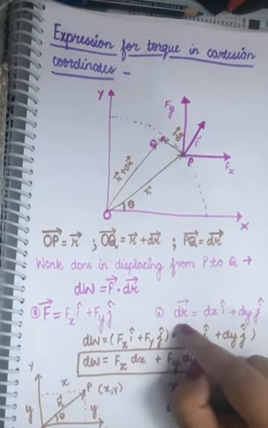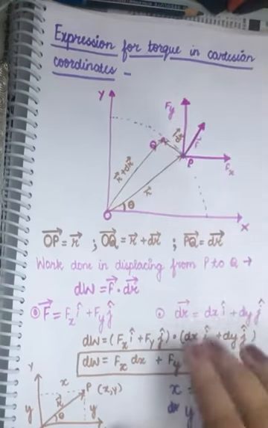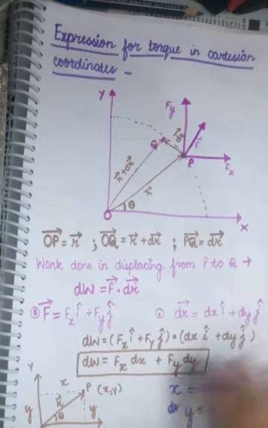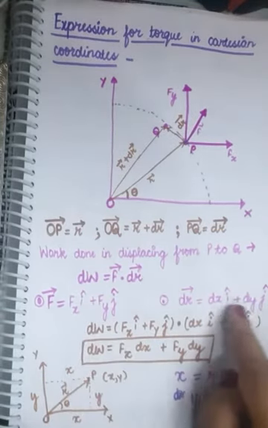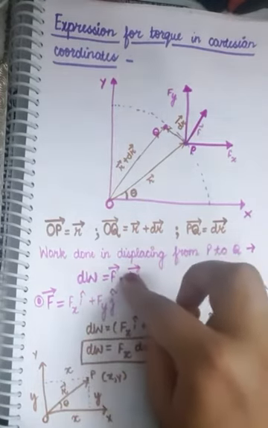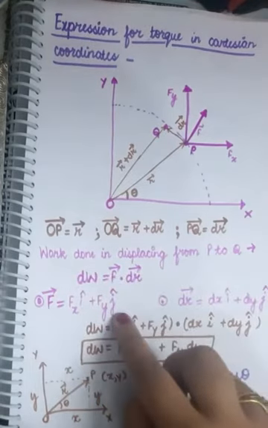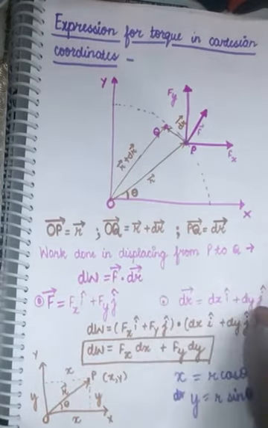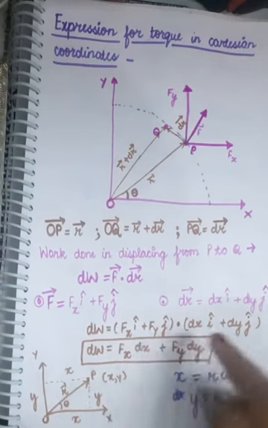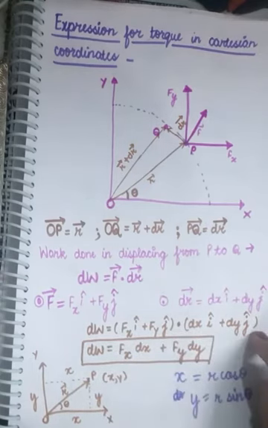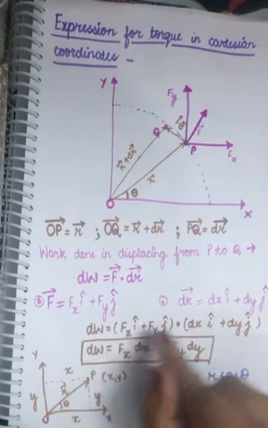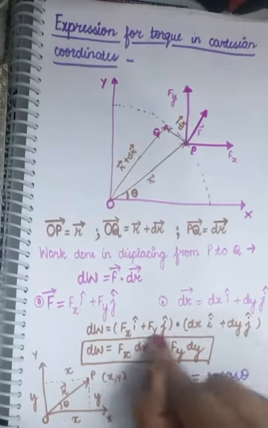Similarly, the dr vector, the displacement, can be written as dx i cap plus dy j cap. Put these rectangular components in this expression, with a dot product. You know that the dot product gives i cap dot i cap and j cap dot j cap, because i dot j and j dot i are 0. So Fx dx plus Fy dy.